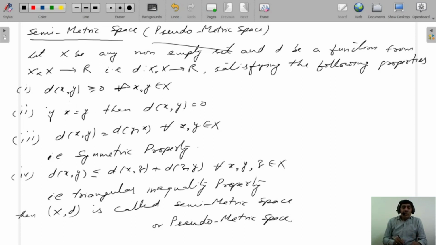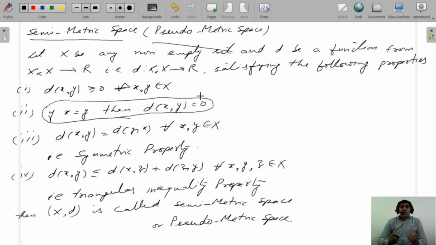In the second property, in semi-metric space, if x is equal to y, then distance between x and y is 0. But in metric space, if distance between 2 points is 0, then the points also must be equal. In this case, distance between 2 points is 0, but points may be different.